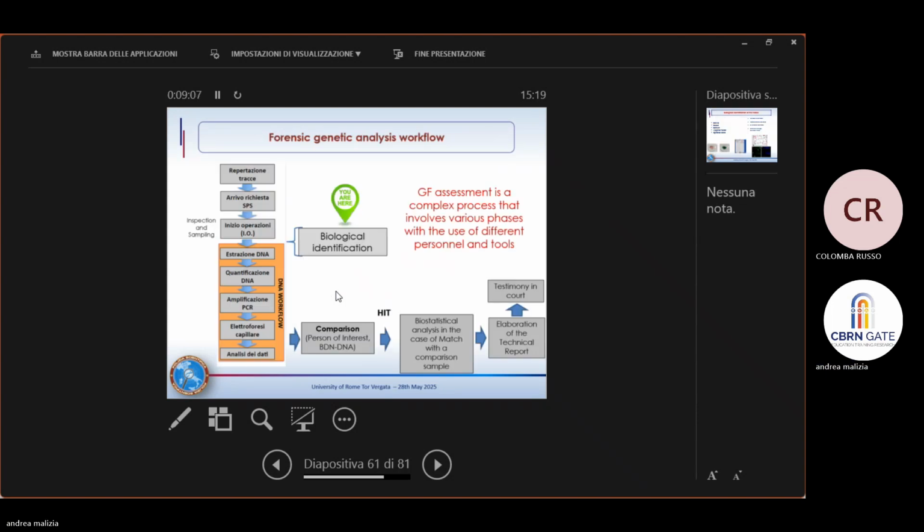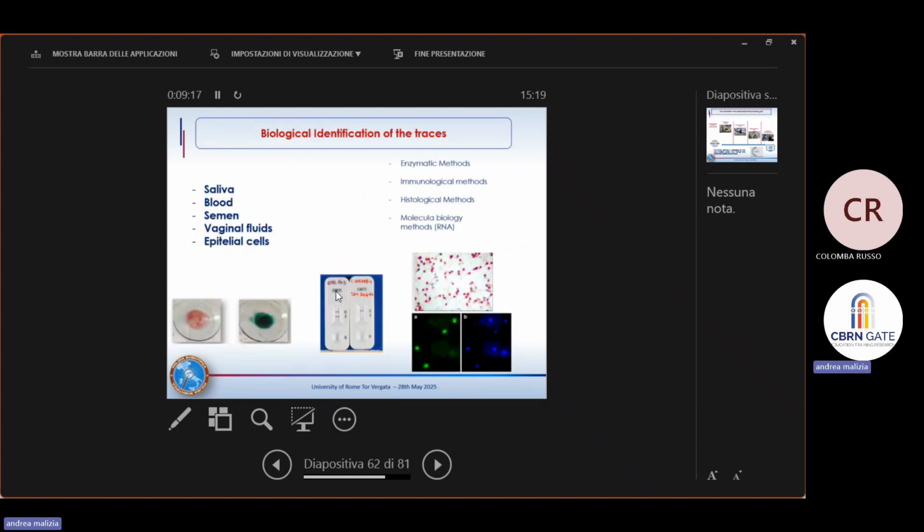Okay, so another thing really important for forensic genetic analysis, another step, is biological identification. Biological identification is made to identify the nature of the trace.